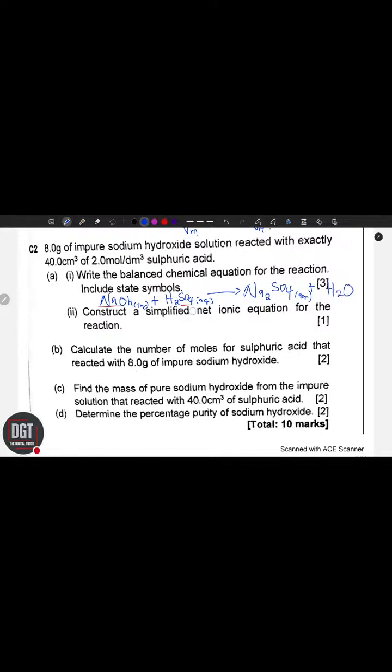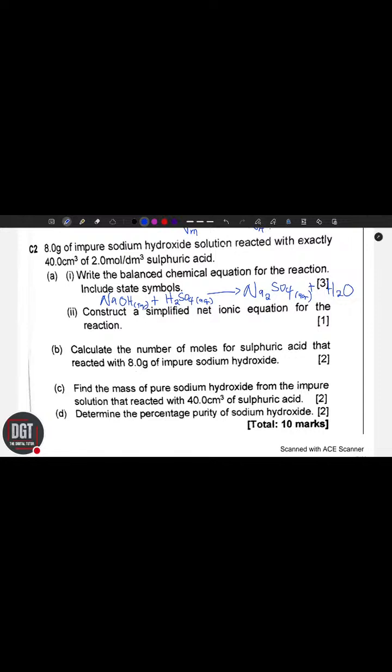Now the question is, is this balanced? We've put the state symbols, yes, but is it balanced? Let us check. So Joseph, in terms of the product, you are missing a 2 after Na.